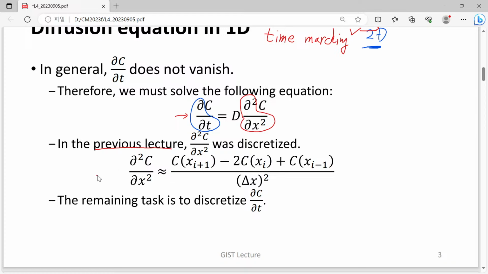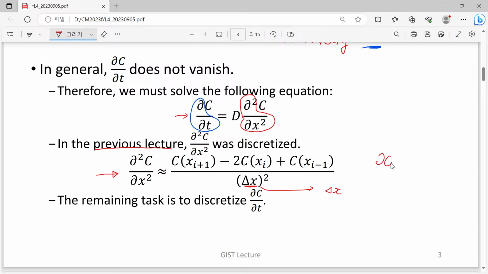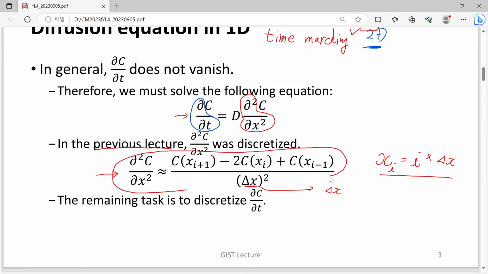Under the uniform grid whose spacing is just delta x, xi is given by i multiplied by delta x. If we have this uniform spacing, then we will have this discretized form of our second order derivative.